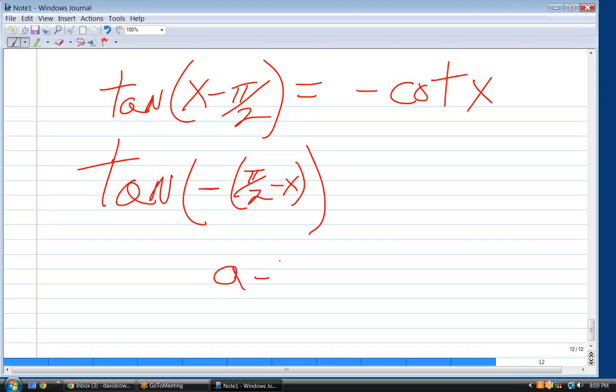In other words, a minus b is always equal to the negative of b minus a. If you do the algebra, it's always true. So if I want to reverse the x and the pi over 2, all I've got to do is put a negative sign in front of it.